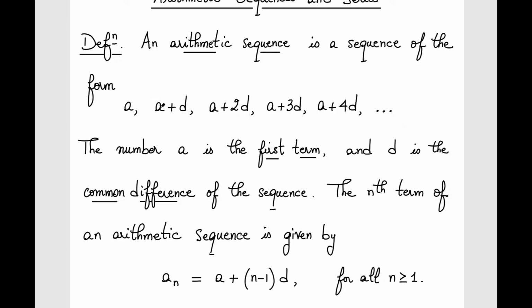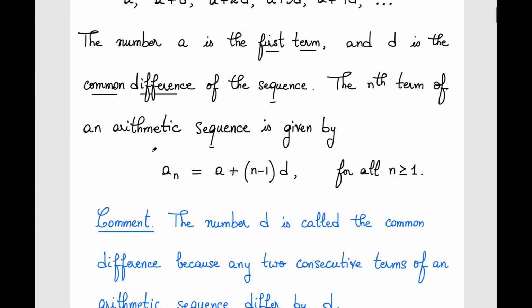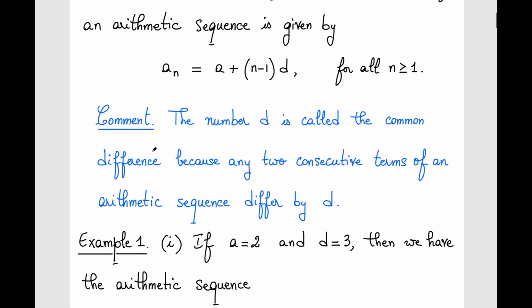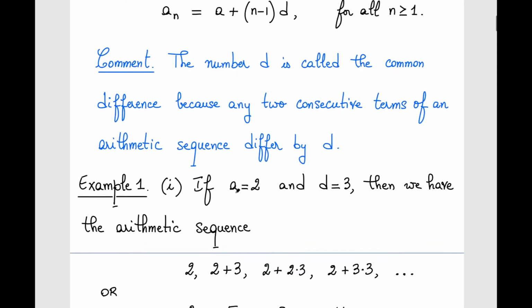You add 1d to get to the second and another d to get to the third. So to get from the first term, which is a, to the nth term, you add n minus 1 times d. Okay? All right. So this comment has to do with the phrase common difference, and we just explained why.